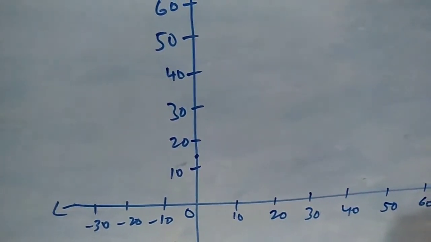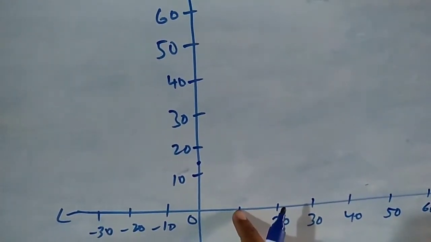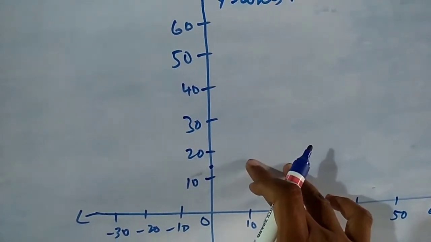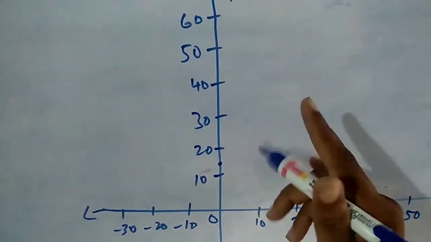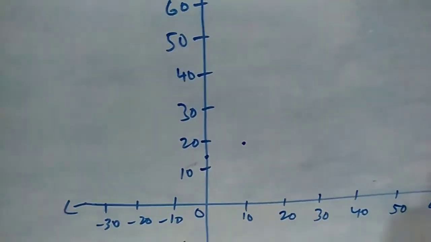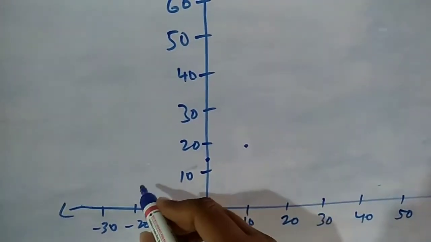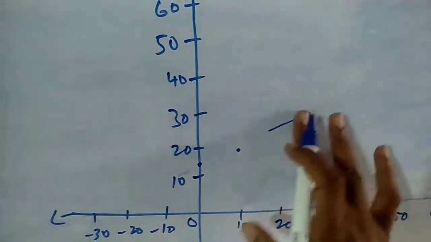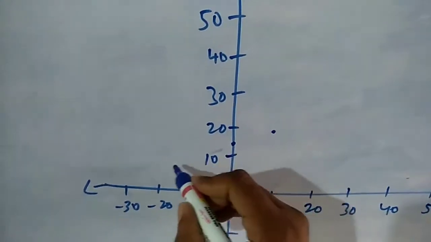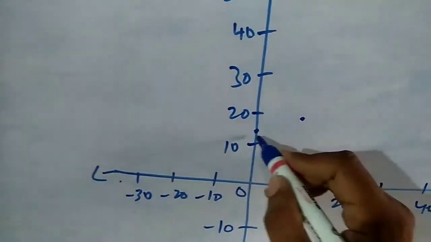Next second point is 10 comma 18, 10, 11, 12, 13, 14, 15, 16, 17, 18, so approximately here coming 10 comma 18. Okay, extend this line, join this line by using your scale.